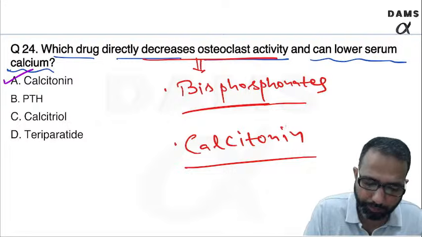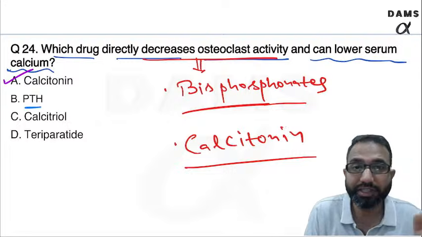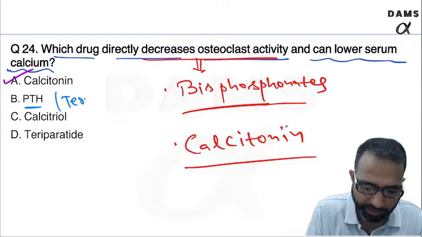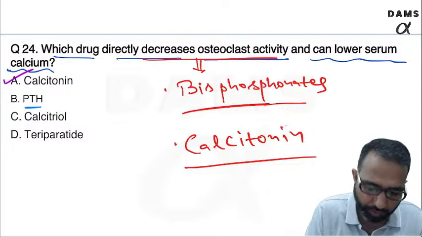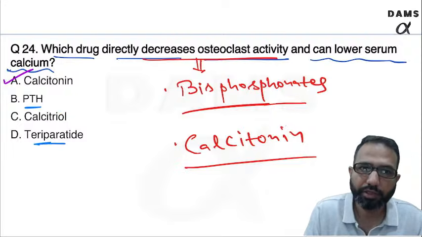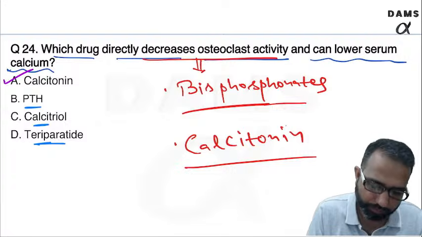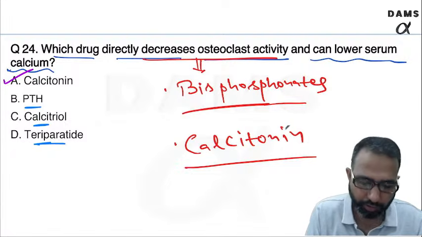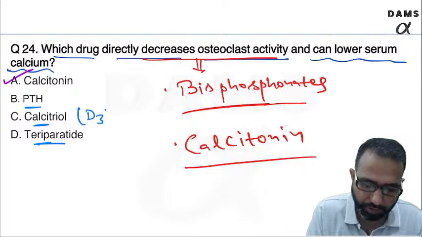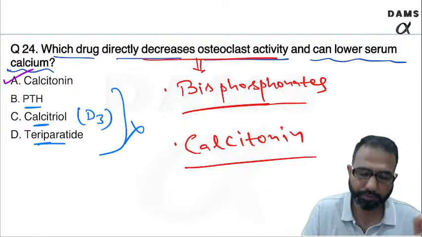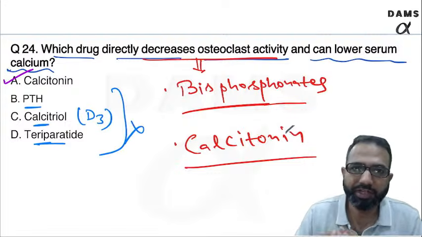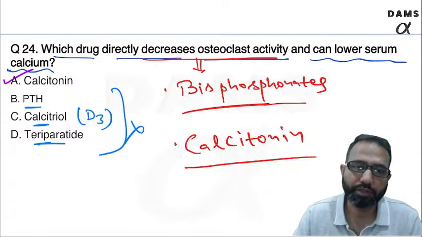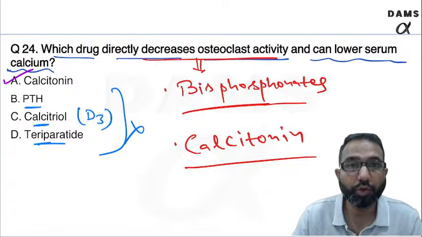PTH, we are using teriparatide, recombinant teriparatide, recombinant hormone you can see. Calcitriol, vitamin D. So triol is vitamin D3. So these are basically not inhibiting the osteoclastic activity. They increase the osteoblastic activity.